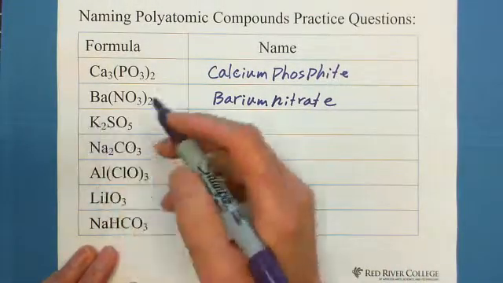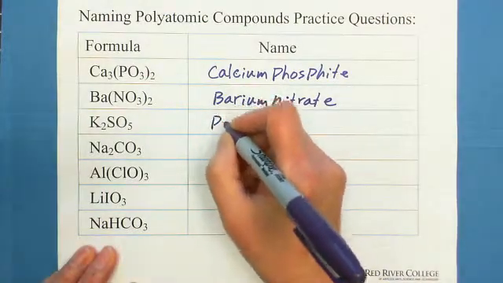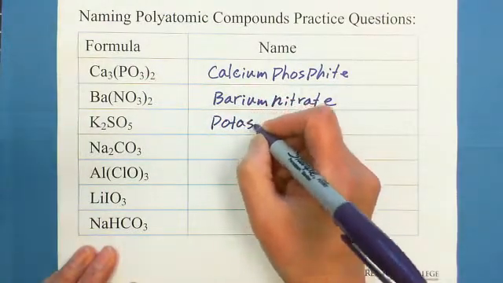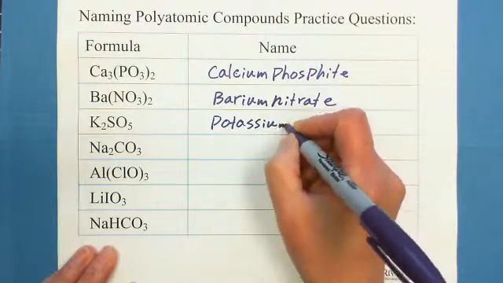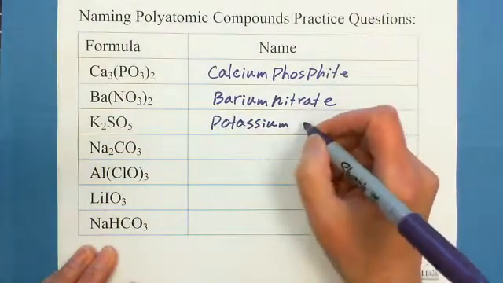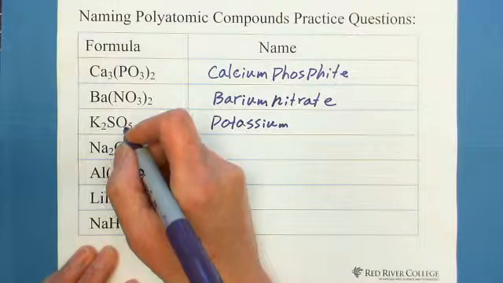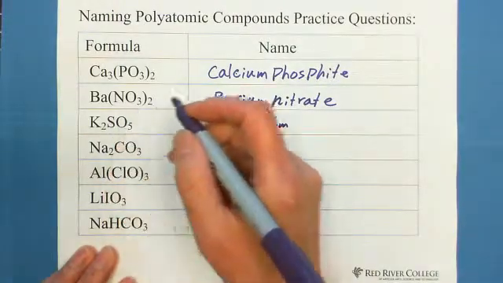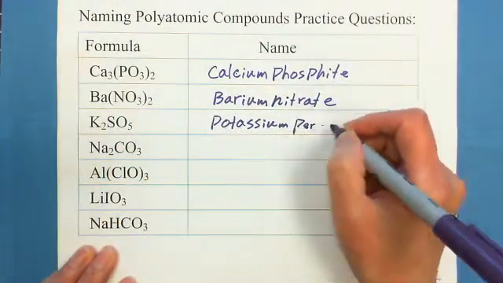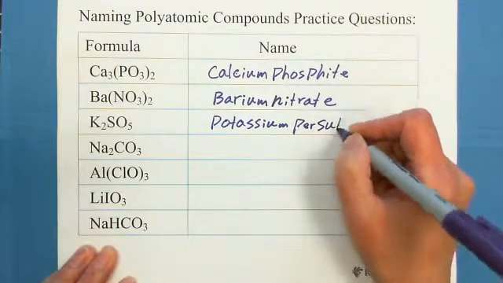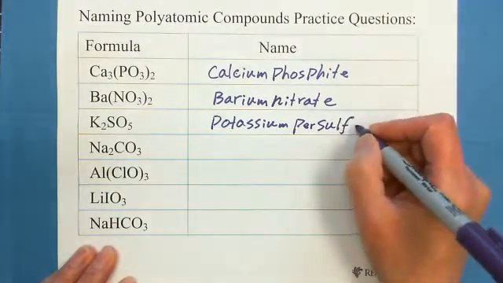Next, K is potassium. SO5: SO4 is sulfate, so one more is persulfate.